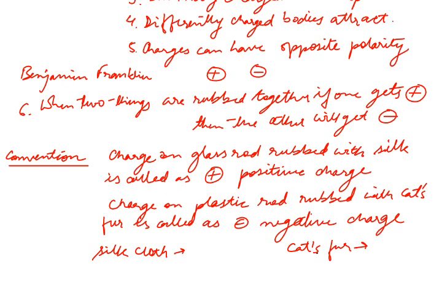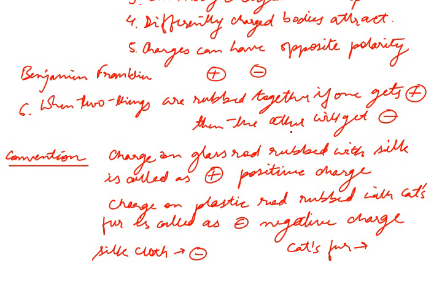Now if you got it right: if the glass rod is positively charged, then the silk cloth with which it was rubbed will be negatively charged, as we have written in the sixth conclusion. When two things are rubbed together, if one gets positive charge, the other gets negative charge.